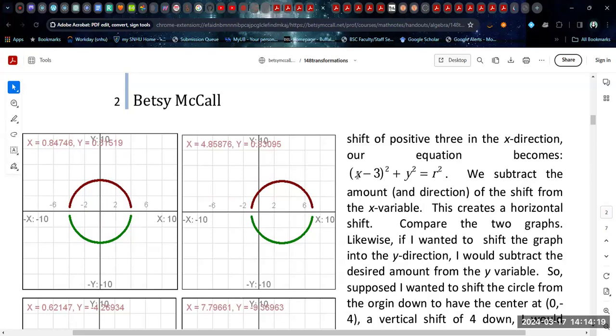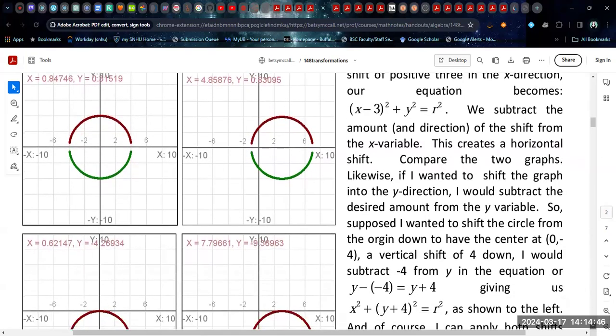Then what I do is I replace my x in my equation with x minus 3. And so that is what's going to shift the circle over. Essentially, the value 3 is now going to behave like 0 did before, because if I put 3 into my equation, then 3 minus 3 is 0. So that's going to be acting like the position 0 did in the original circle equation.